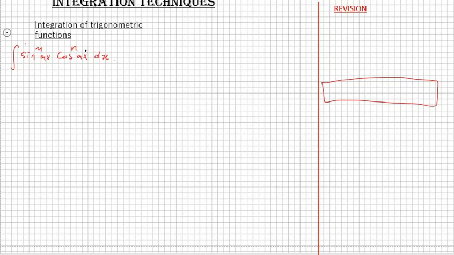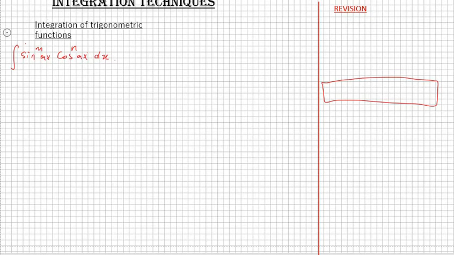So it's part of this formula here, because we have the combination of sine and cos. But in the example that we did, the value of m is equal to the value of n. So what if m and n are not the same?